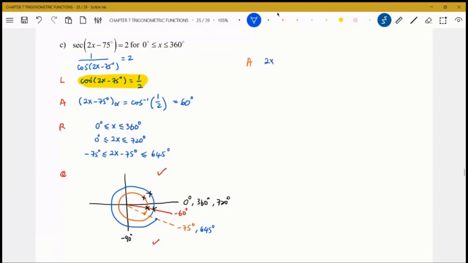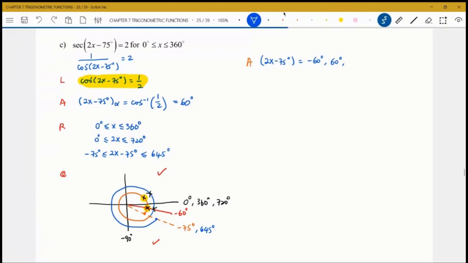so subjek adalah 2x minus 75 degree sama dengan first angle kita adalah yang ini, negatif 60 degree. And then second angle kita adalah pada first quadrant which is 60 degree. Okay, so ini adalah fourth dan juga first quadrant. Okay, dia terima fourth quadrant dulu sebab yang itu kita jumpa dulu. Okay, kita terima negative 60 adalah sebagai first angle sebab ini kita jumpa dulu daripada bermulanya rotation.